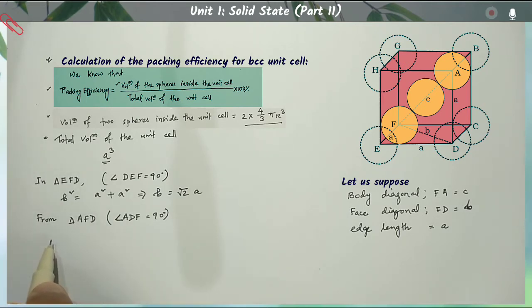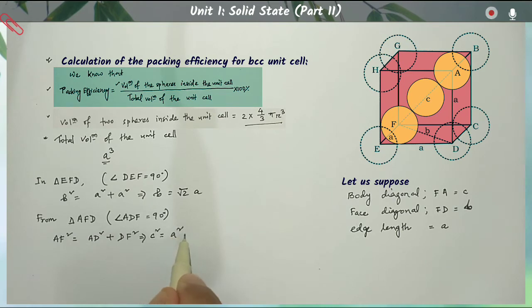By using the Pythagoras theorem, we can say that AF square is equal to AD square plus DF square. In place of AF square, what we can write? C square is equal to what? AD square, and AD square is equal to A square. Plus in case of DF square, we have to write B square.